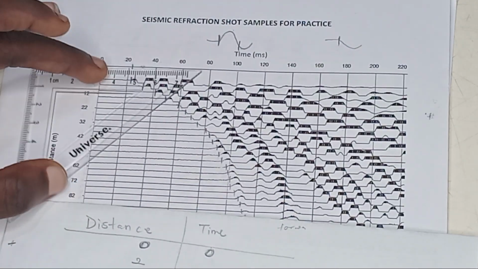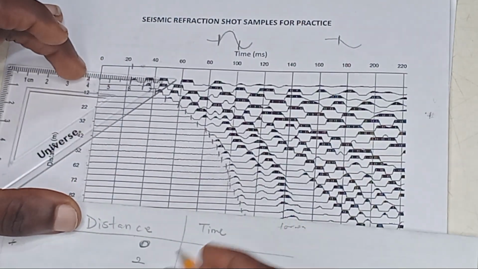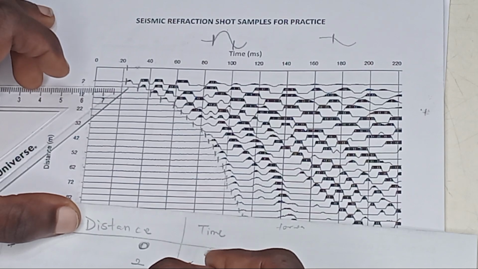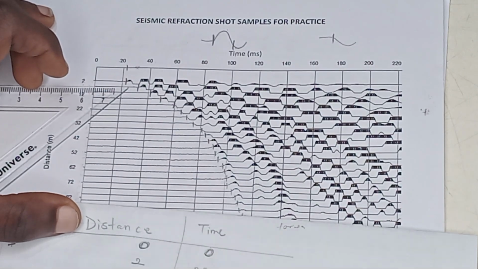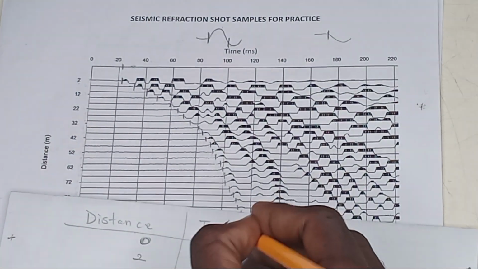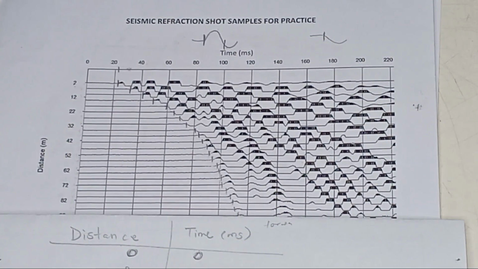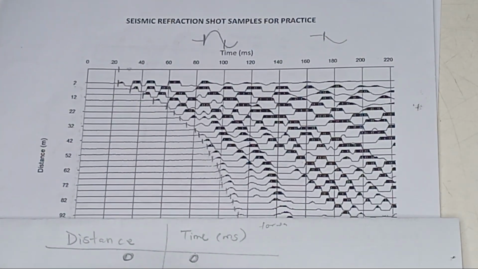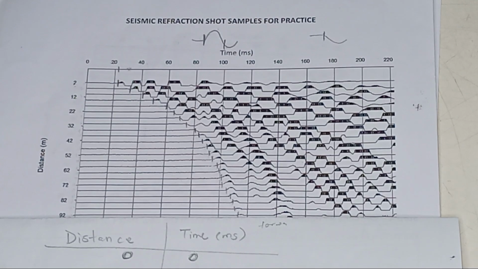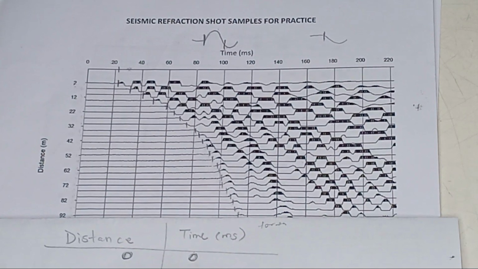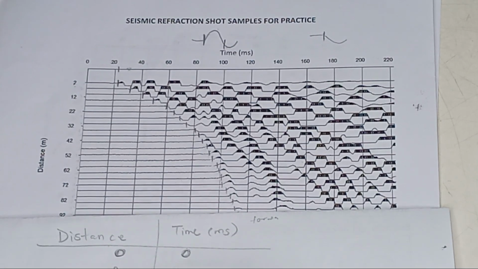Normally, you're supposed to take your ruler and do your calculation, but let's just say that one should be like 21, 22 or something. Let me use 22. Okay? 22 milliseconds. Good. So at distance 2, which is where the first geophone is, the time at which the seismic wave arrived is 22 milliseconds. Can you see that?